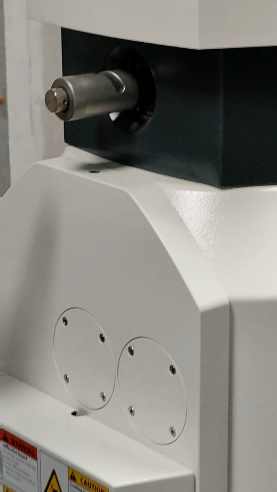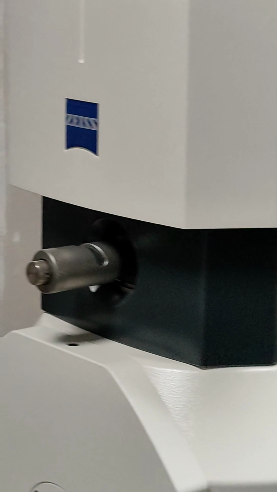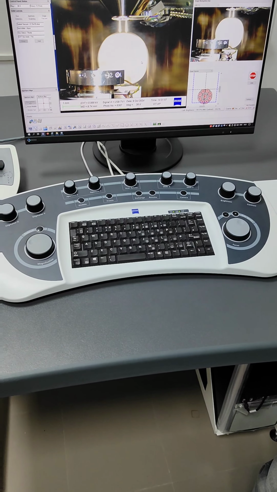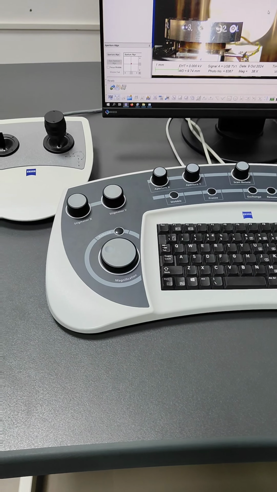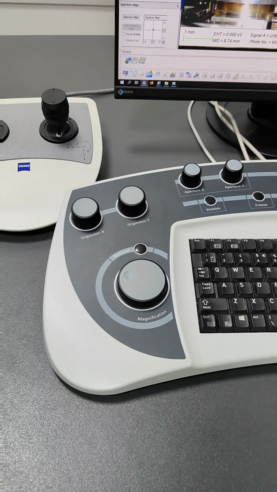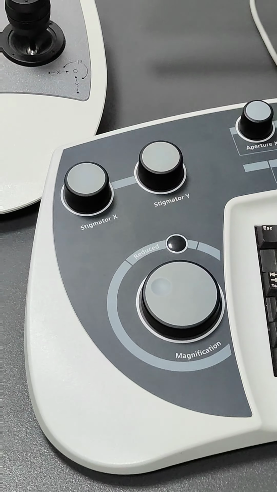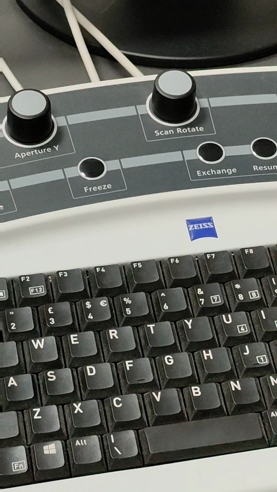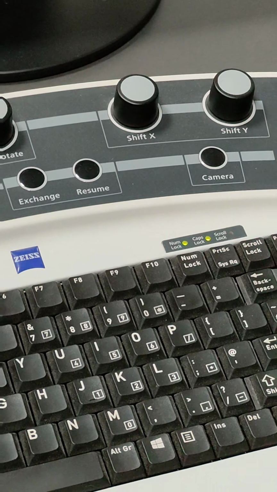Scanning electron microscope is a powerful instrument, and basically it is a microscope that can magnify around 1 lakh times. This is like a keyboard where you can change the aperture and any parameters: segmental, aperture, wobble, freeze, scan, rotate, exchange, shift.